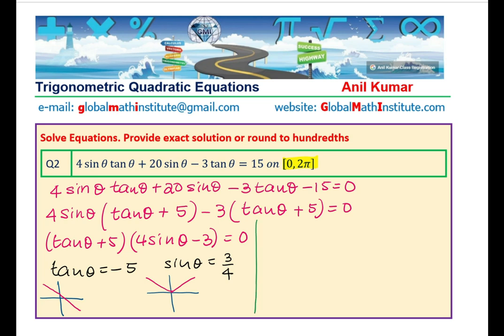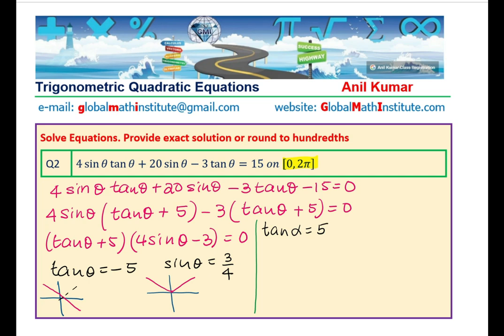So for tan theta equals minus 5, I'll write down tan alpha equals 5, right? So we'll find the related acute angle in quadrant 1. Setting the calculator in radians, shift tan gives us tan inverse of 5, and we get 1.373.